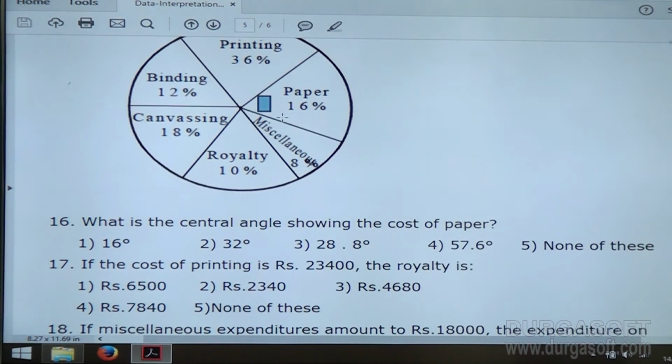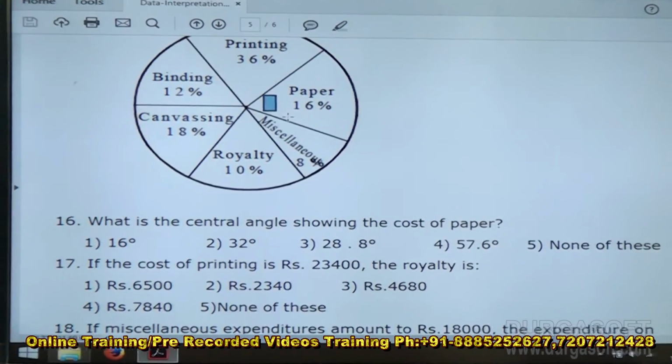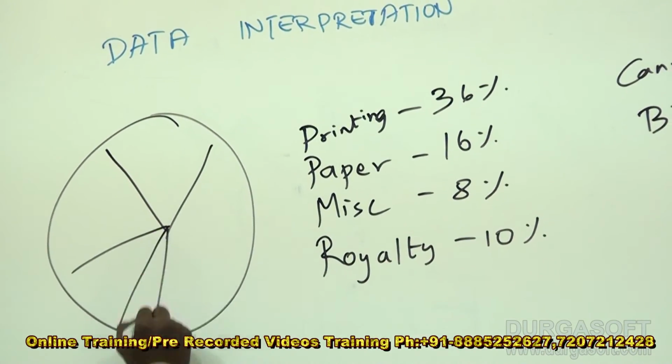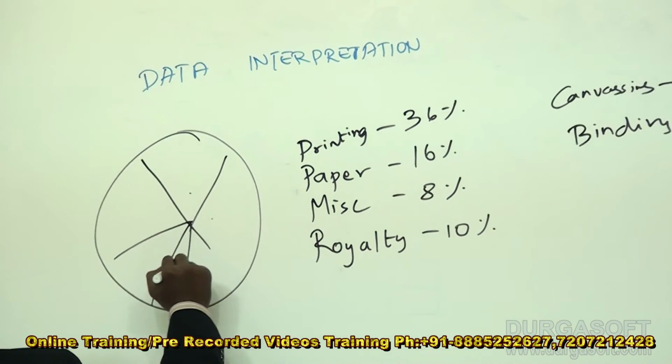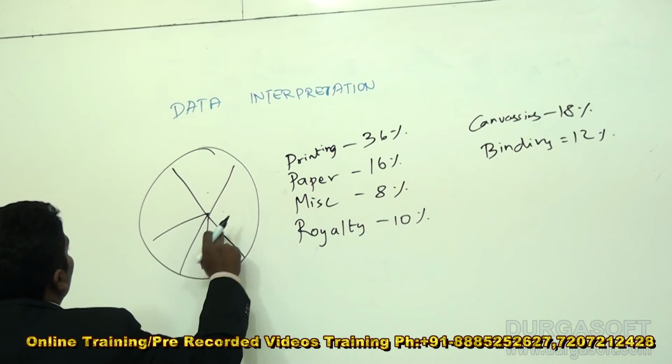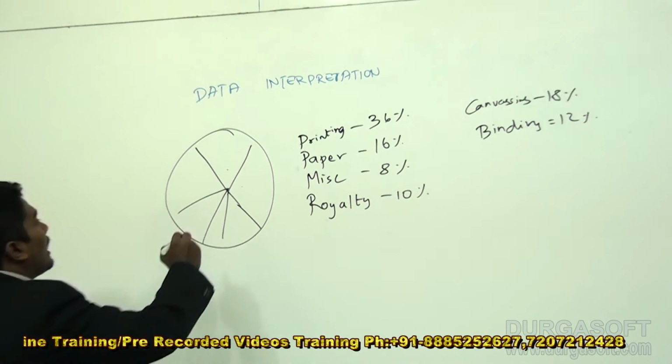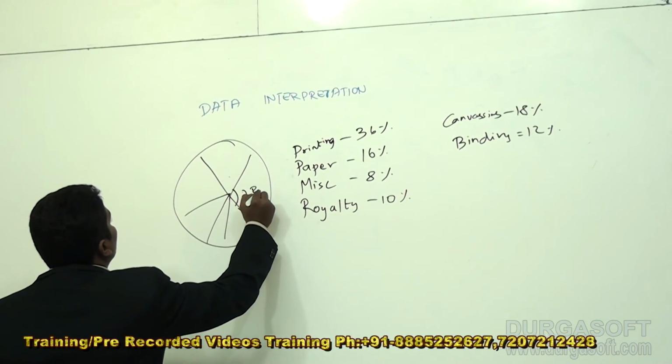So it is given something like this. I will have to find the angle for paper.